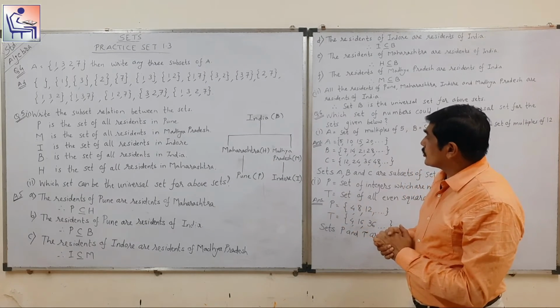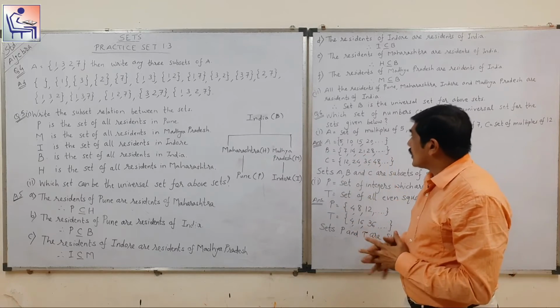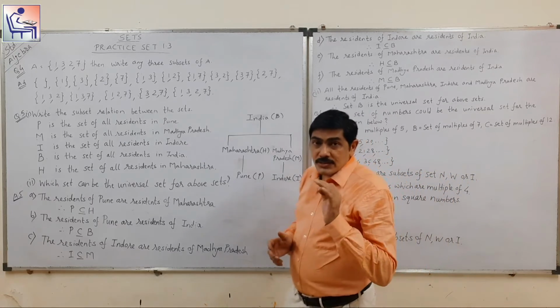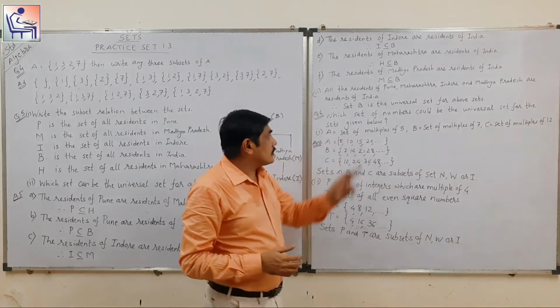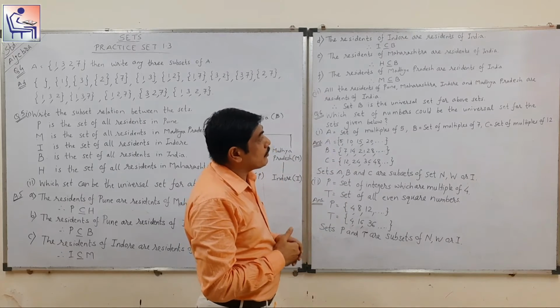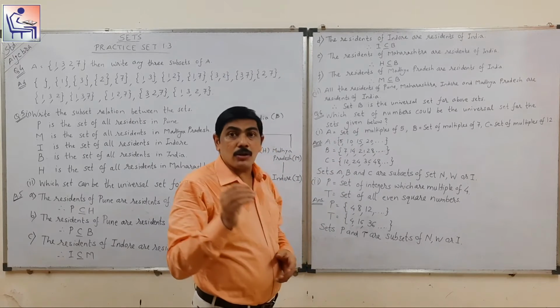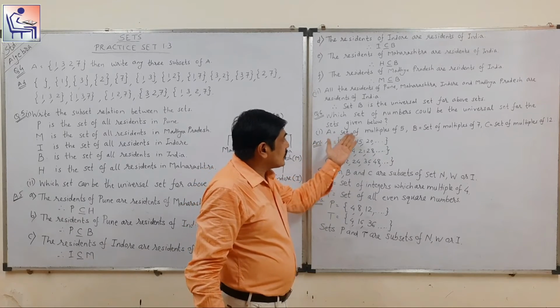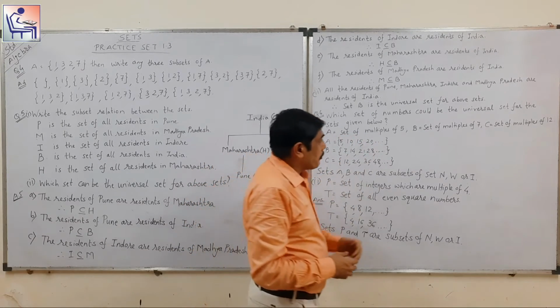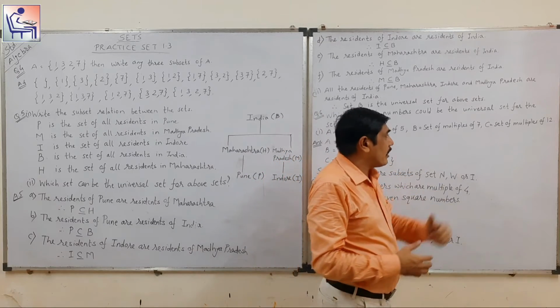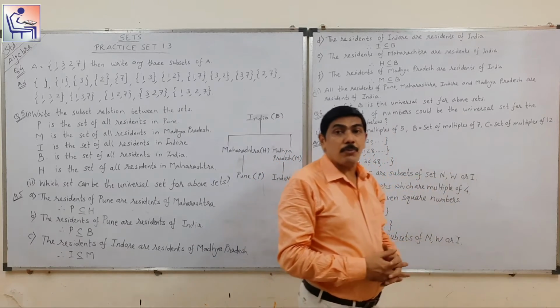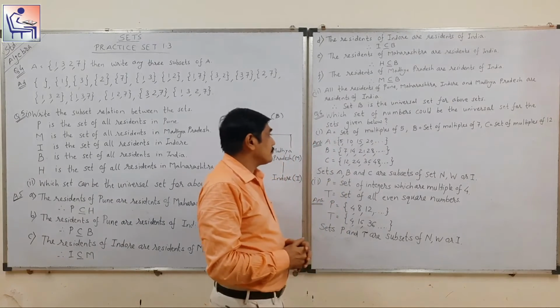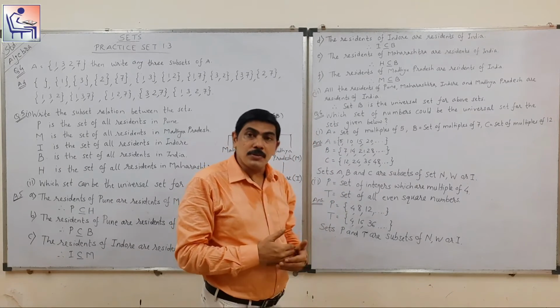Now the next one, question number 6. Which set of numbers could be the universal set for the sets given below? A, the set of multiples of 5, B, set of multiples of 7, C, set of multiples of 12. So here multiples means what?